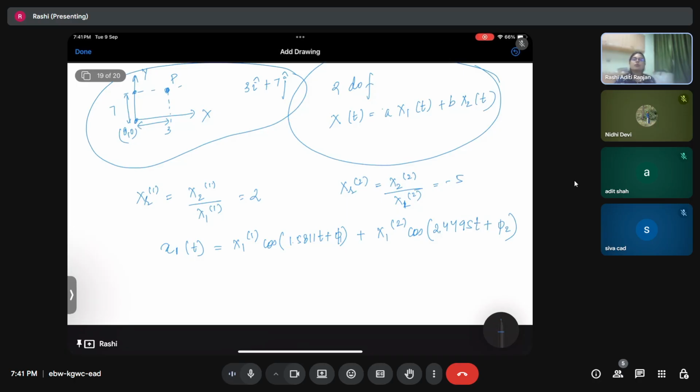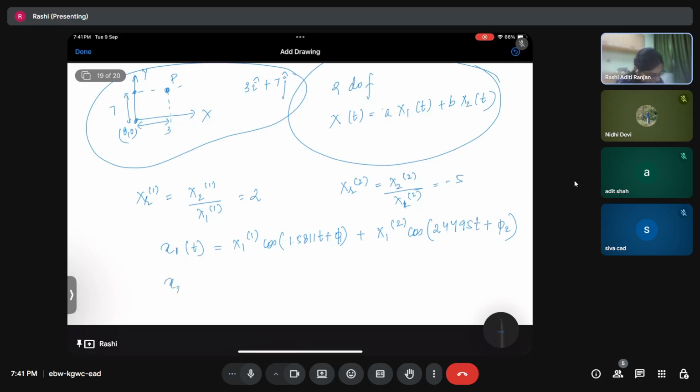So what is essentially happening is that the first mode is going to have an amplitude of x1 of 1, the second mode is going to have an amplitude of x1 of 2, and because of the linear combination of these, we are going to have a solution for x1.